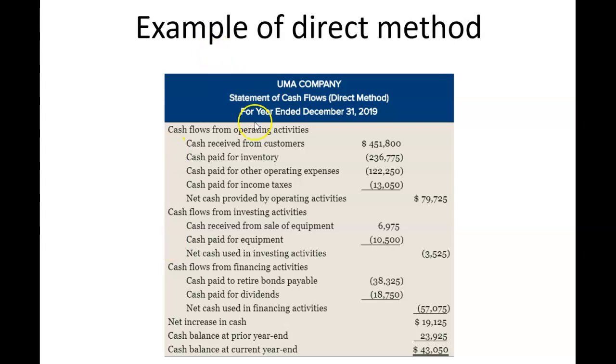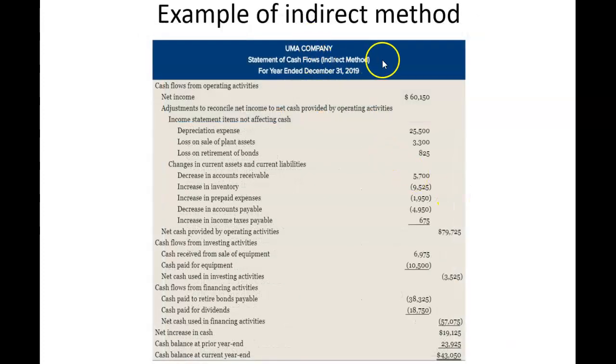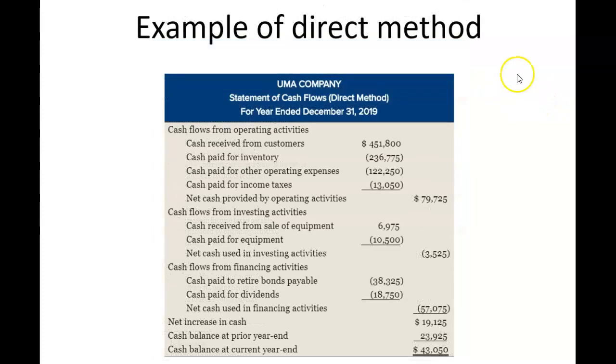You'll notice here's the one for the direct method. And by the way, the header for a statement of cash flows does not include the words direct method, does not include the words indirect method. It is simply statement of cash flows. Your textbook illustrates it as the direct method, so as you begin to learn, you understand what method is being used.